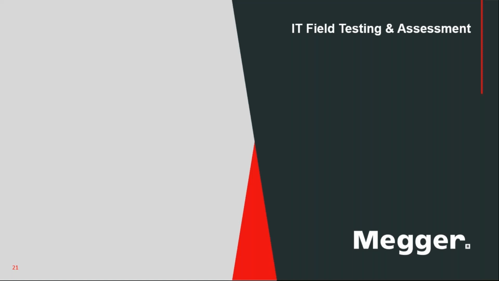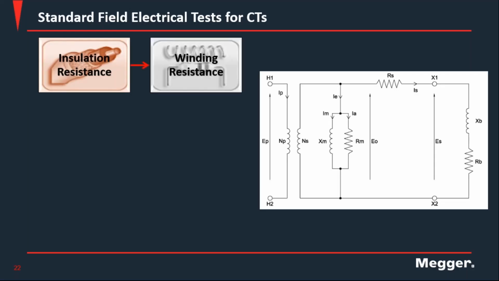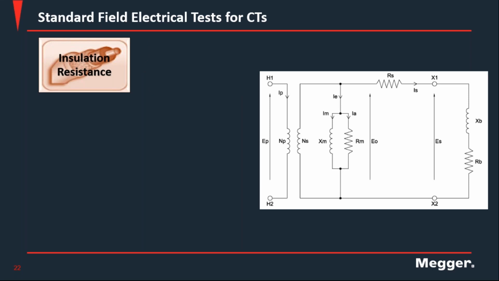Let's look into the results. Let's talk about the different test activities that you perform. Of course, for any electrical equipment, the very first test you want to run is insulation, and you want to assess the insulation. In this particular case, I'm showing insulation resistance.